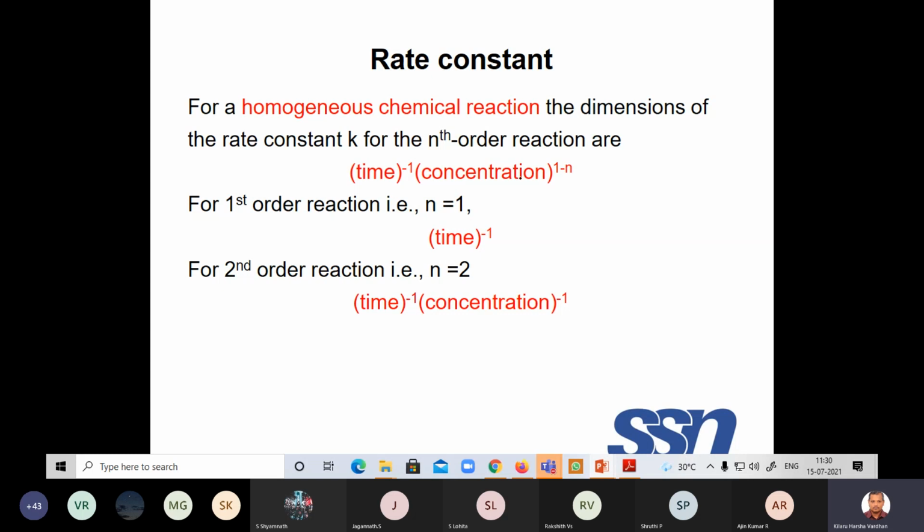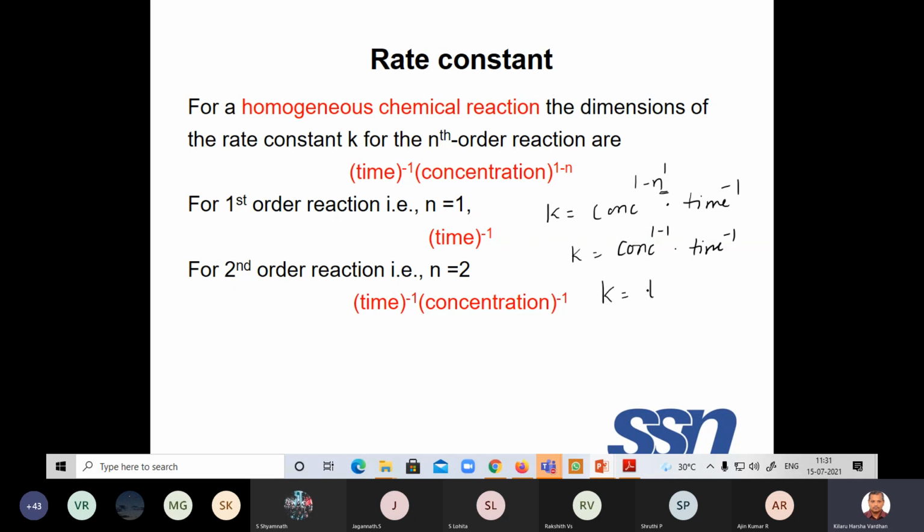K is concentration power 1 minus n into time power minus 1. So n is 1, therefore K is equal to concentration power 1 minus 1 into time power minus 1. 1 minus 1 is 0, and concentration power 0 is 1.